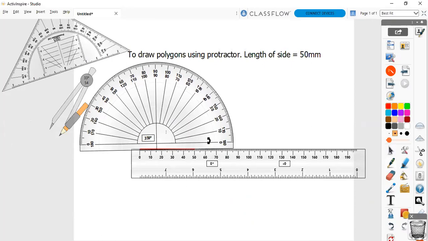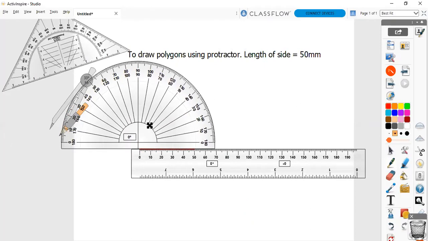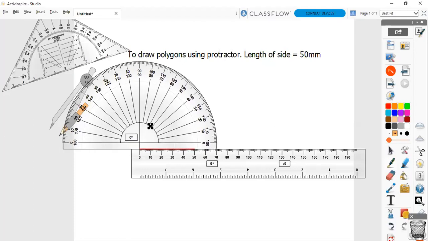To use this protector in such a way, we have to keep this at 0 degree. We have to keep this as a horizontal line, and we have to use it at point number 0. This will meet at this point 0, and you have to mark a point at 60 somewhere over here, like this. Here is the arc that you have to consider. I mark one point over here, as you can see.